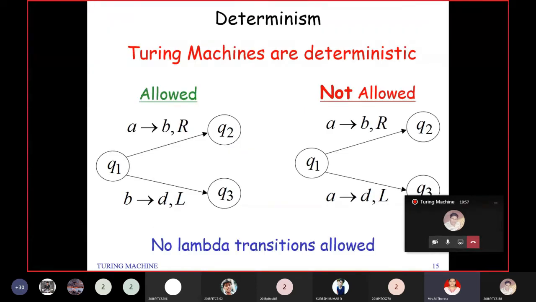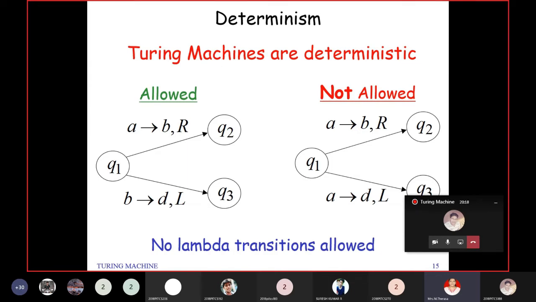Okay, and we have learned about deterministic finite automata and deterministic push down automata. Similarly, we have deterministic Turing machine. Shall we recall deterministic finite automata? When will you call a finite automata a deterministic finite automata?